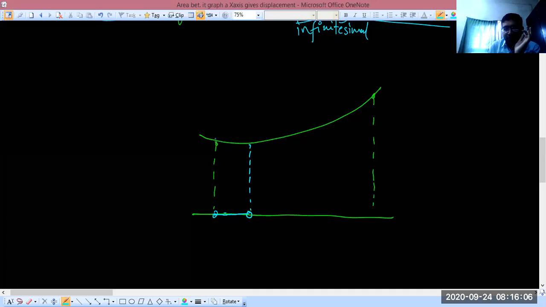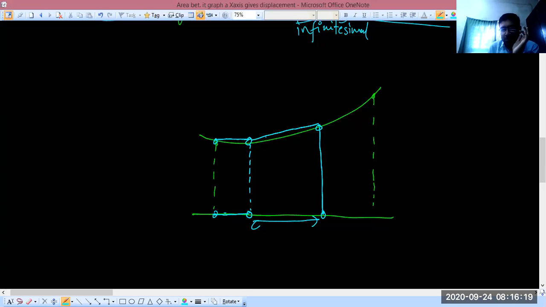Then if you make a rectangle, do you see some area is mismatched? Then if you take one from here to here, let's say this is a bigger time interval. Now this is clearly not a rectangle. You can see there is once again some mismatch here. So the bigger interval you take, the more mismatch there is going to be.